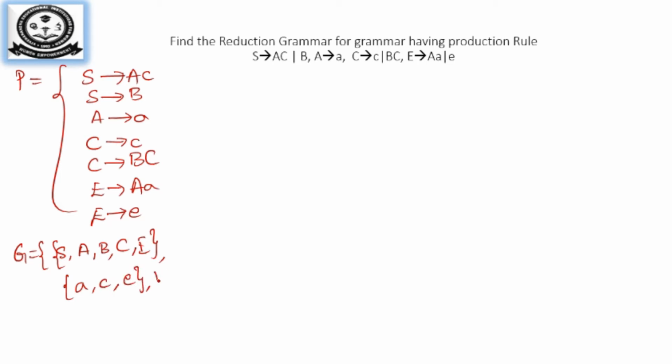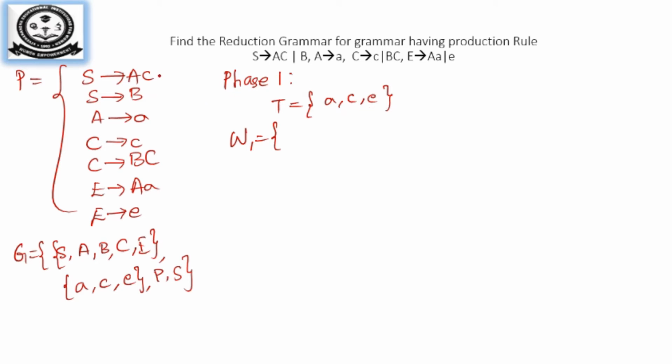The production rule is P and your start symbol is S. Now phase 1. First find out the terminal symbols that can be derived over here. From the grammar we know they are a, c and e. Now we will form the first W1. We will try to find which variables can derive the terminal symbols a, c, e.